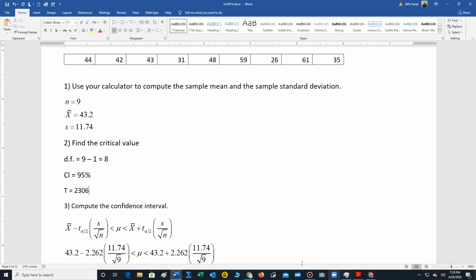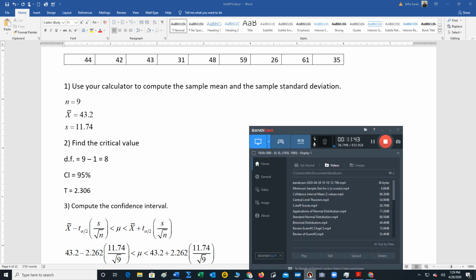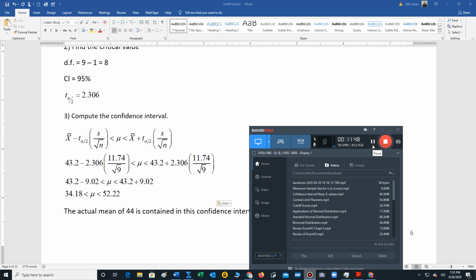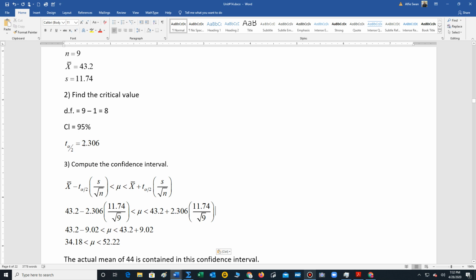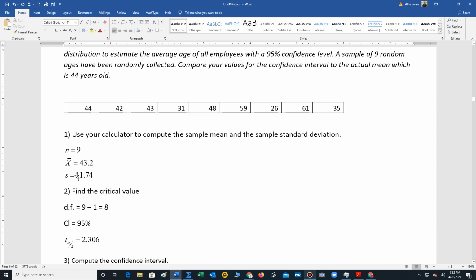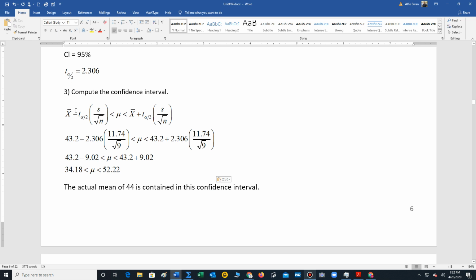We're going to plug that into our formula, and we'll get the answer. Okay, so the t value we found was 2.306. Now we're going to take all our data values and insert them into our formula. Mean 43.2, t value 2.306, s is 11.74, n is 9.